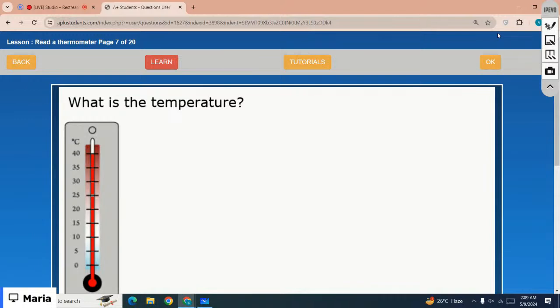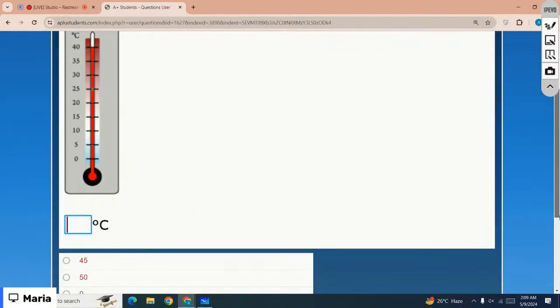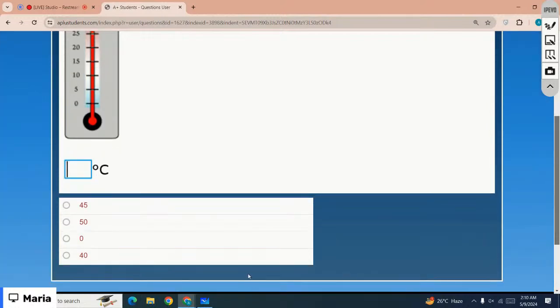What is the temperature? Which is the correct option? Where is 70 and 100? That is 40 degrees C. The correct option is 40, right?